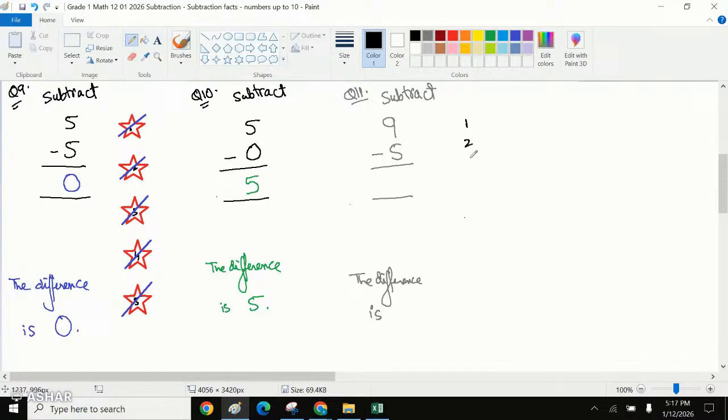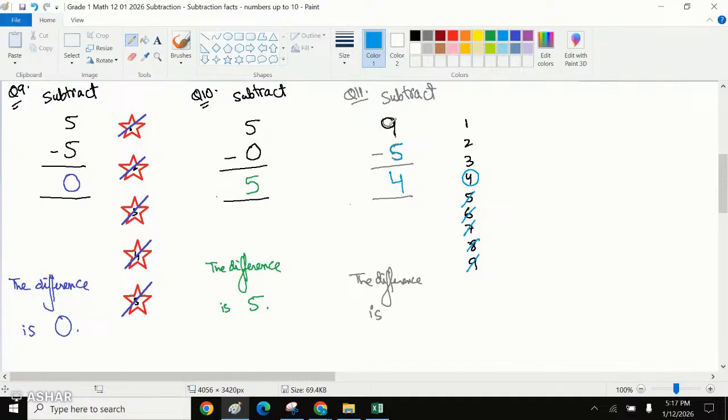Or we can write down the numbers 1, 2, 3, 4, 5, 6, 7, 8, and 9. Out of these 9 numbers, that was the maximum number. We remove 5, 1, 2, 3, 4, and 5. So we are left with 4. Your answer is perfectly right.